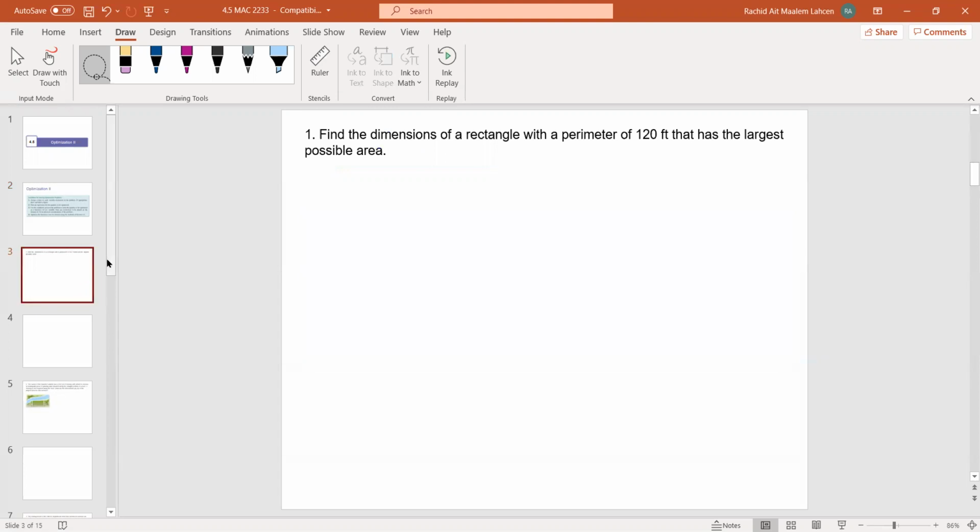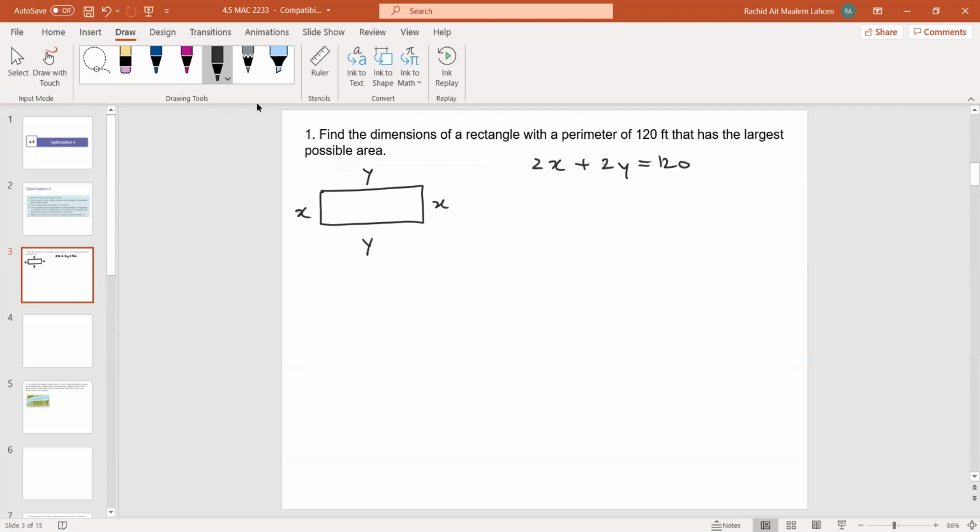Let's look at this traditional example. Find the dimensions of a rectangle. So a rectangle, let's say, give it this width and this length. And it says here the perimeter, which is 2x plus 2y, is 120, and it has the largest area.